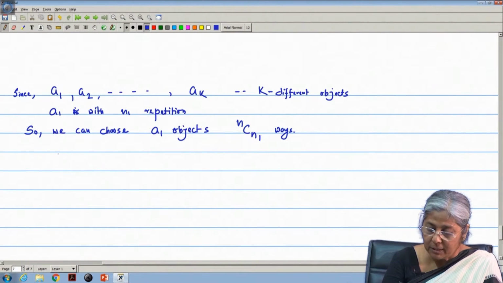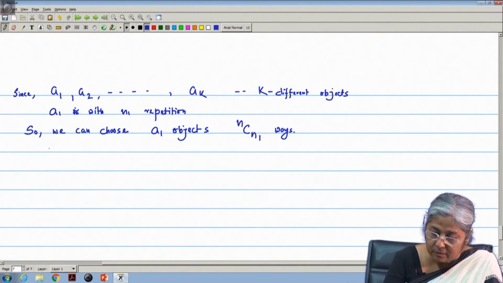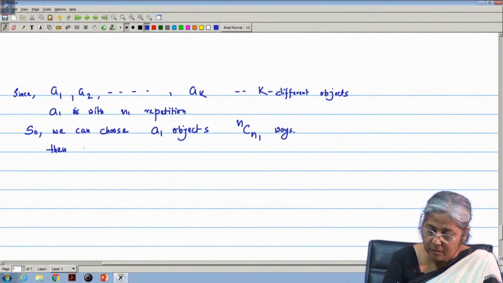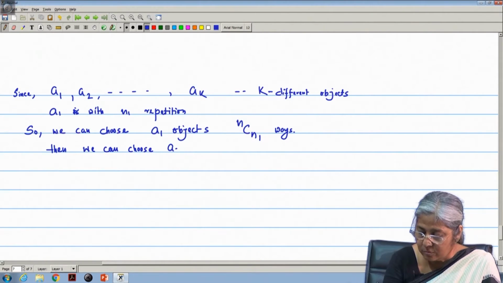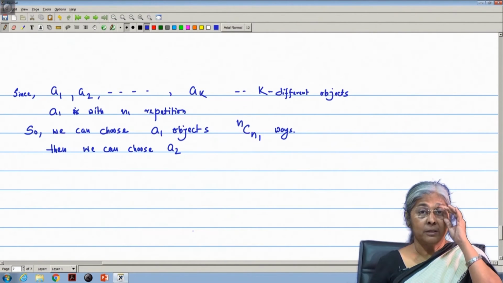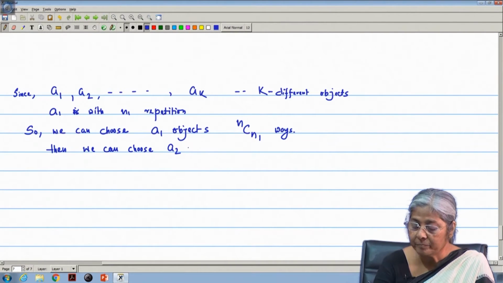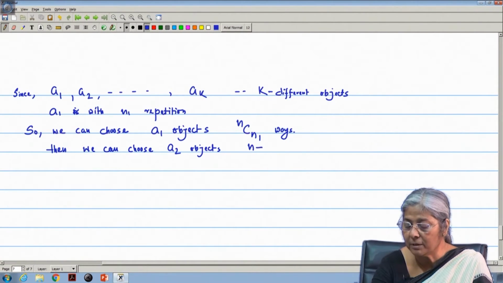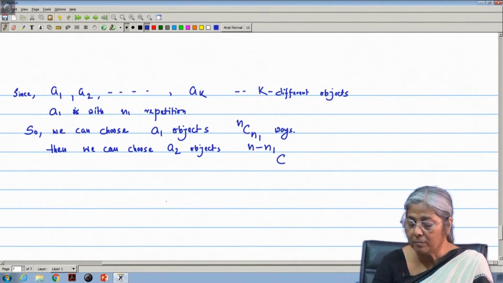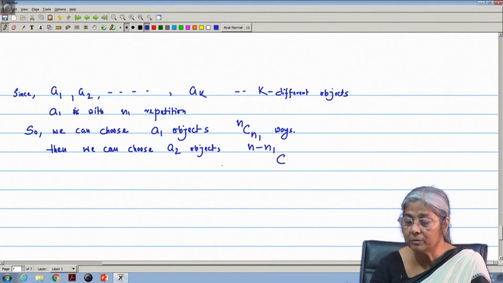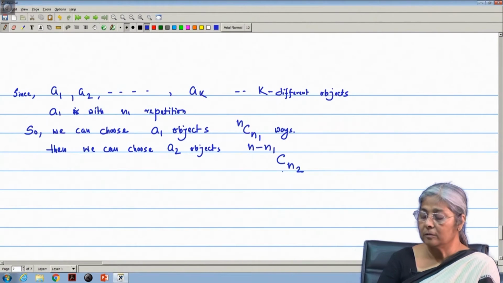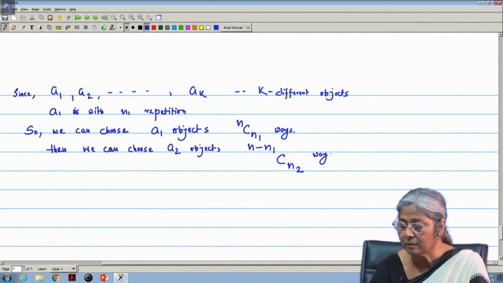Now, once I have chosen the nC n1 ways of A1, then we can choose A2 from the remaining objects. Remaining objects are n minus n1, and my A2 is with repetition n2. So, these many ways I can take.